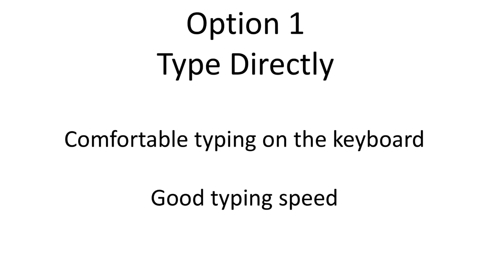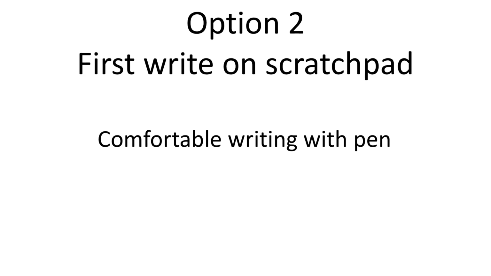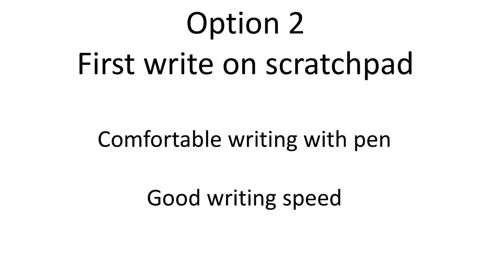The second option is to first write on the scratch pad and then transfer that onto the screen. That is if you are comfortable writing with a pen and you have a good writing speed when using the pen. So those are the two options.